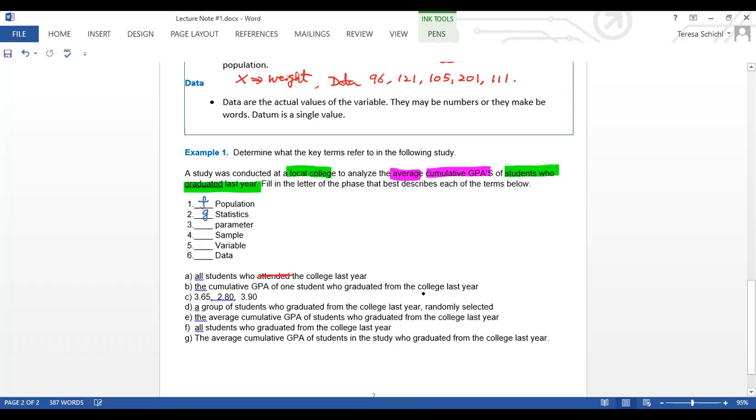So I'm taking a sample, I'm taking a certain number of the students. The key thing here is that I want the cumulative GPA of the students in the study. I did not say all the students who graduated, so it's only the students in the study.